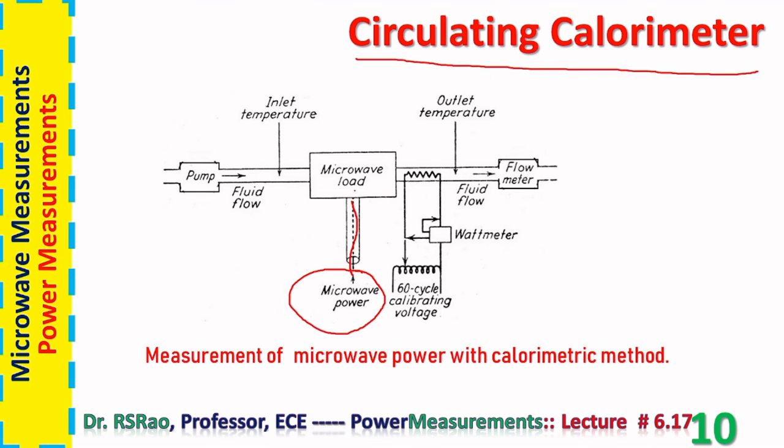Naturally, when the fluid comes in contact with the load, certain amount of heat enters into the fluid, rising its temperature. Temperature before crossing the load, temperature after crossing the load. These two temperatures are measured. The difference between these two provides information pertaining to microwave power.